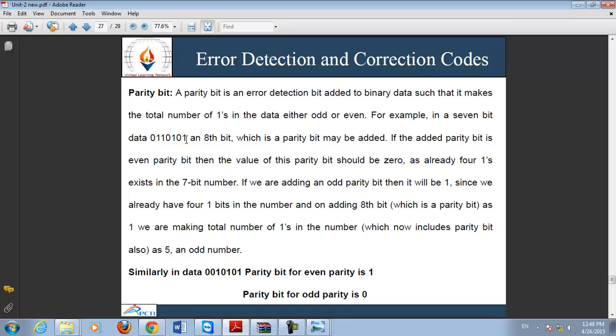If we take this number, in this there are 1, 1, 1, so the number of ones is 3. It means there is odd parity. If the number of ones is 4, it means there is even parity. Parity bit for even parity is 1 and parity bit for odd parity is 0.